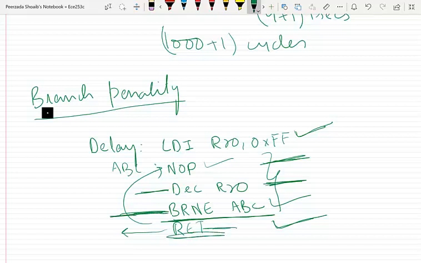But when the branch instruction was fully executed, the processor came to know that the next instruction to be executed was not RET but this NOP, because R20 was not yet equal to 0, so we had to branch to ABC. Since RET was already fetched, the processor has to flush it out. So it may take an extra machine cycle to fetch NOP again. That means in the case of branch instructions, pipelining doesn't work.